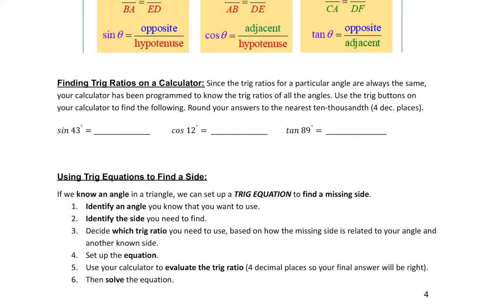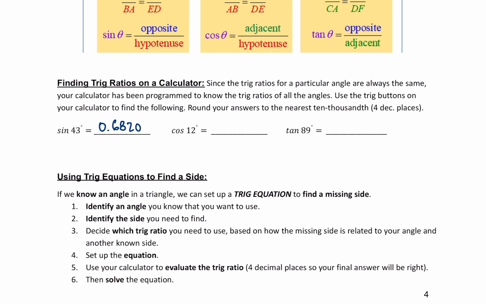If you push sine and then put 43 and enter, you'll get 0.6820 if you round to 4 decimal places. If you did not get an answer that looks like that, then your calculator might be in radian mode, and you'll want to switch that to degree mode.